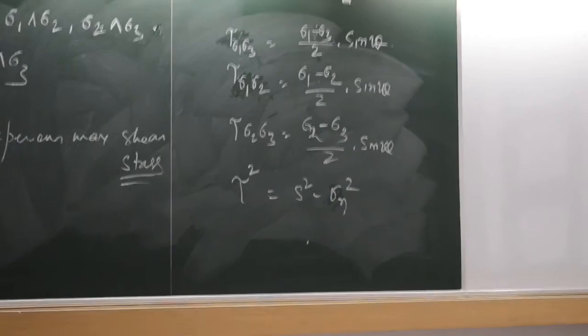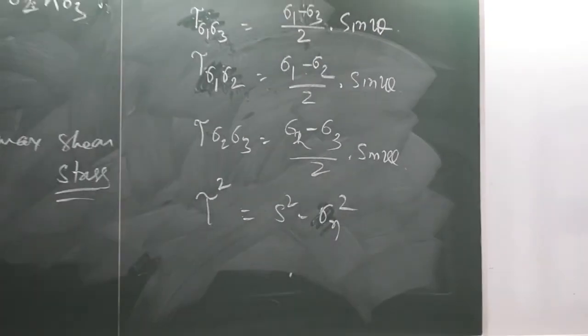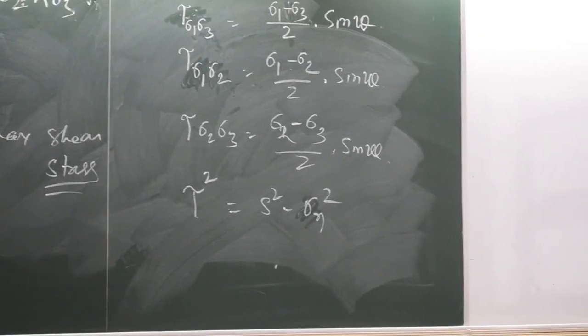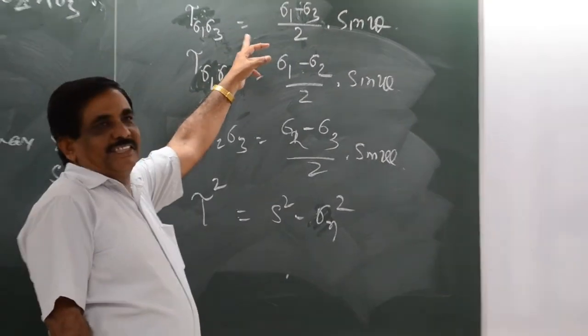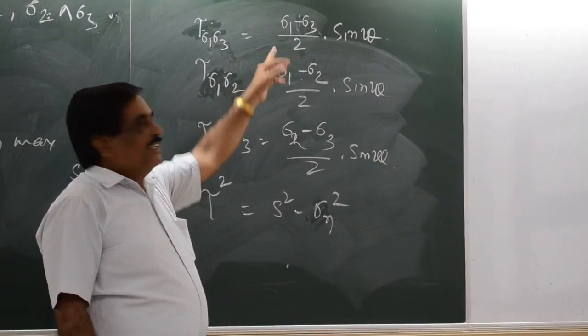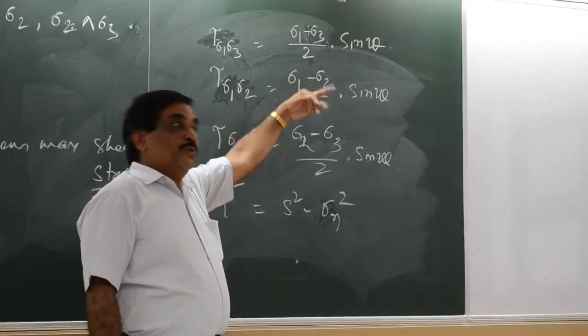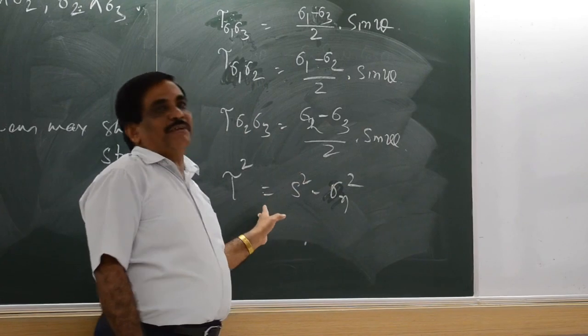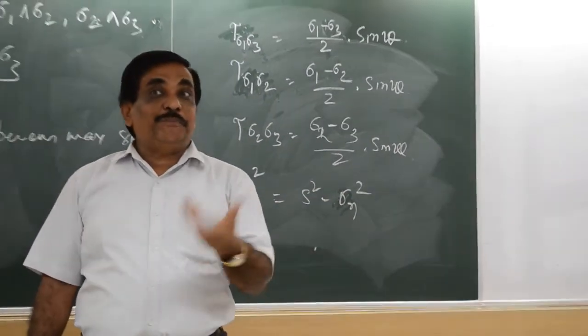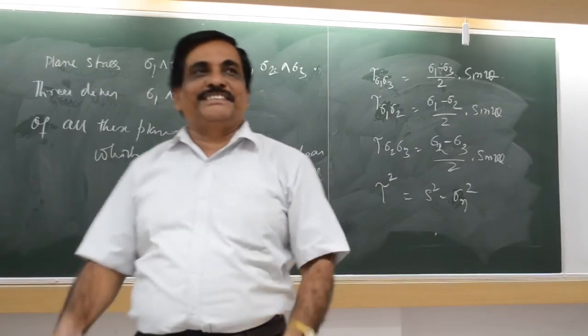These are our four equations. What are the four equations you are understanding now? This is one plane stress, sigma 1 and sigma 3 leg. Another plane stress, sigma 1 and sigma 2 leg. Sigma 2 and sigma 3 leg, another plane stress. This is three-dimensional stress. He is telling which plane will experience maximum shear stress.